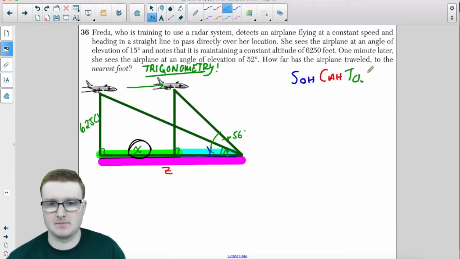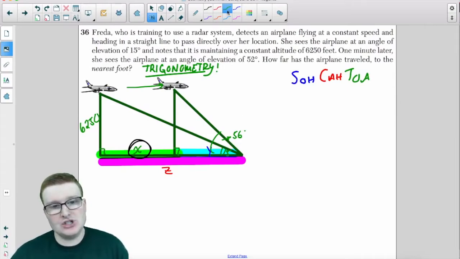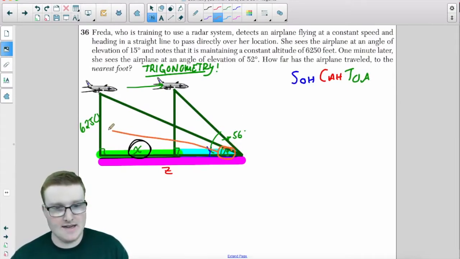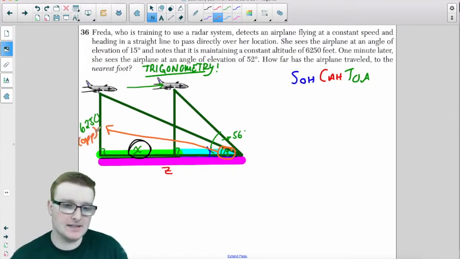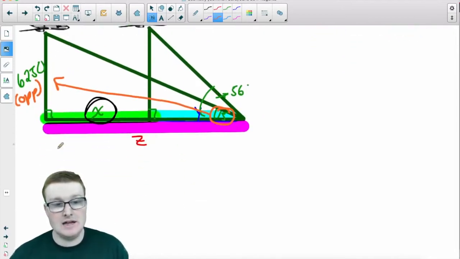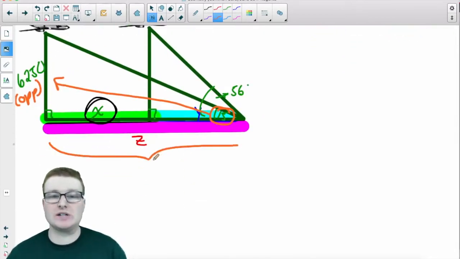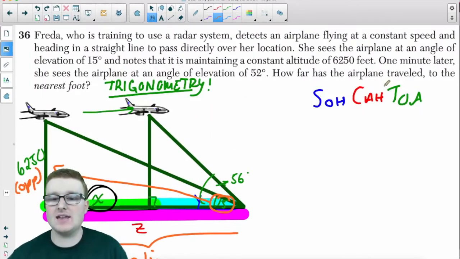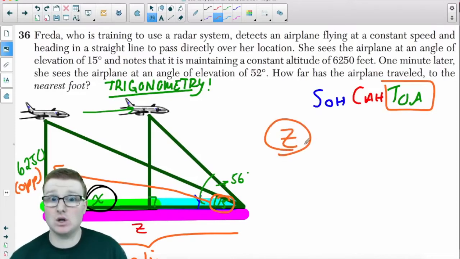In reference to the little angle, 15 degrees, we're given 6,250. That is called your opposite side of that triangle. The side next to it, which is your z, is called the adjacent side. We're using O and A. That means that we're using tangent. So we're going to solve for z first.